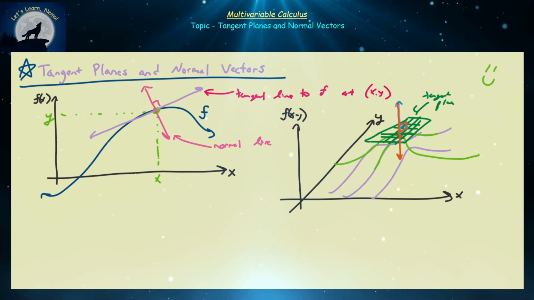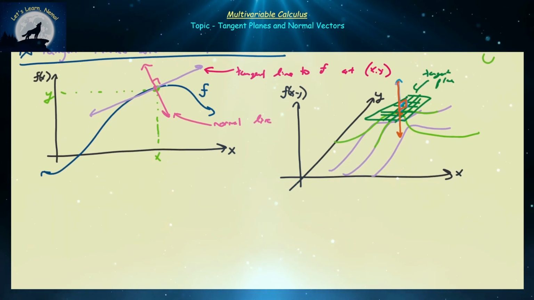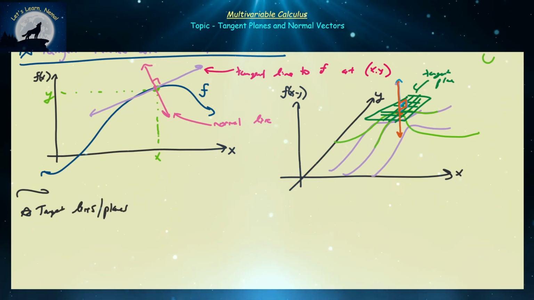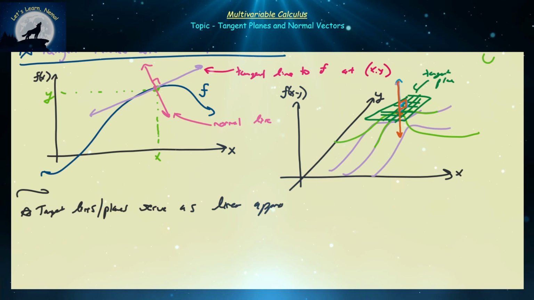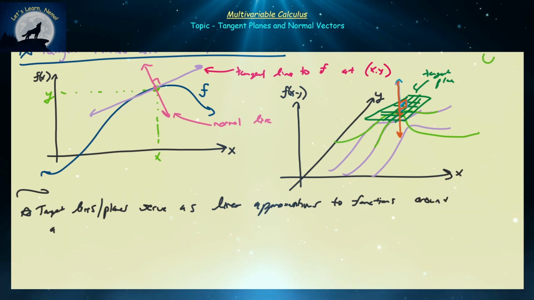And again, why do we actually care about tangent lines and tangent planes? Keep in mind, if you remember anything about Taylor series for functions, tangent lines as well as tangent planes serve as linear approximations to functions around a given point.